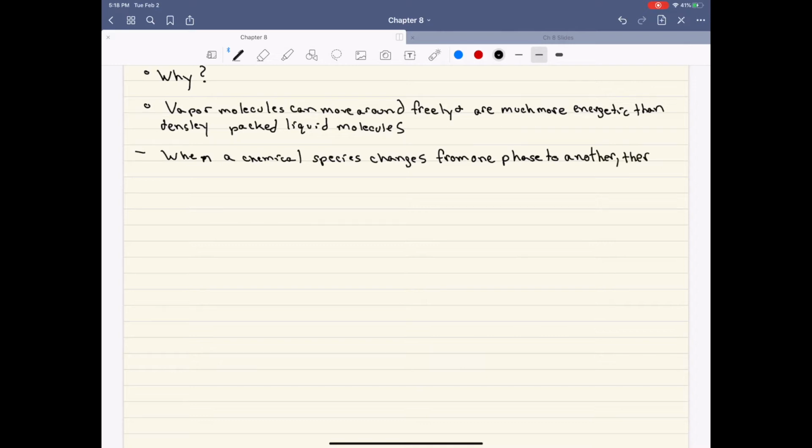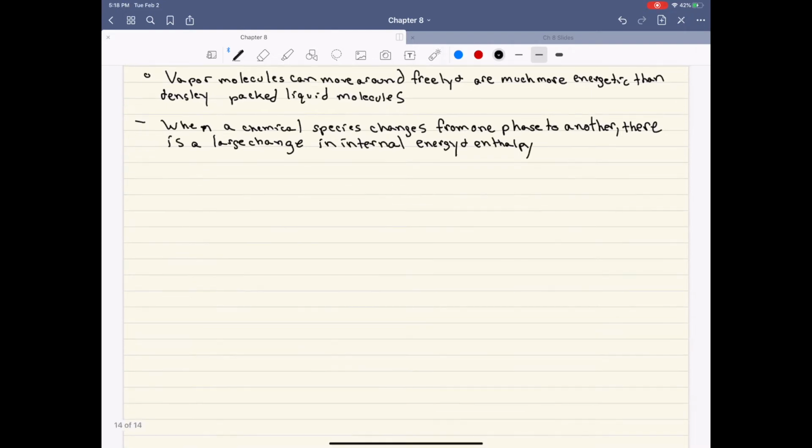Okay? And so these types of large changes that we observe, these are called latent heats. And that's because the change in enthalpy occurs without any noticeable change in the temperature of the system.